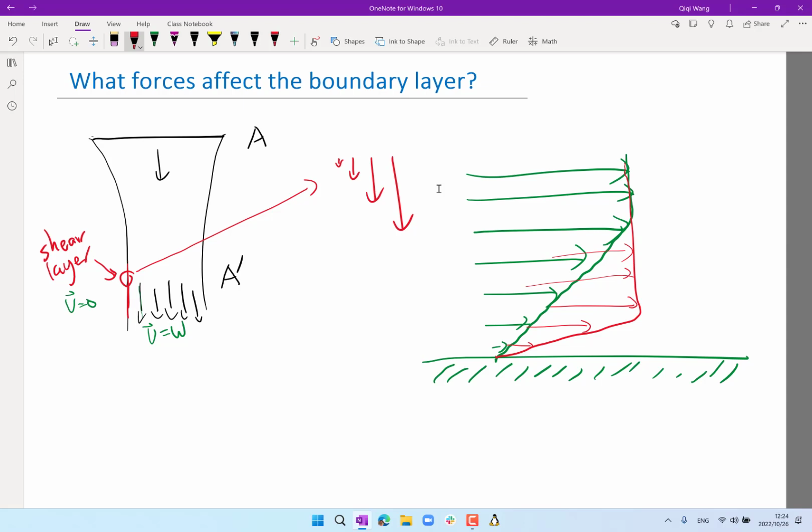Okay, what kind of pressure gradient would balance the viscous force? Which means, while the viscous force tries to thicken the boundary layer by depleting momentum, what kind of pressure gradient would work against it and try to thin out the boundary layer by providing more momentum?